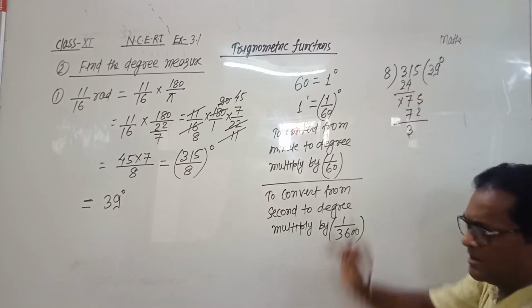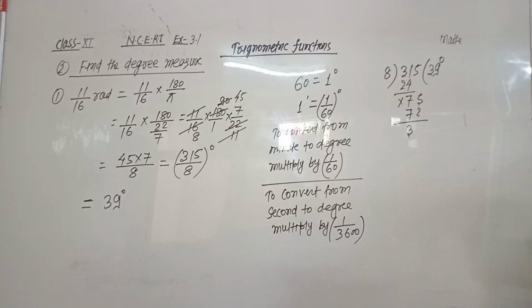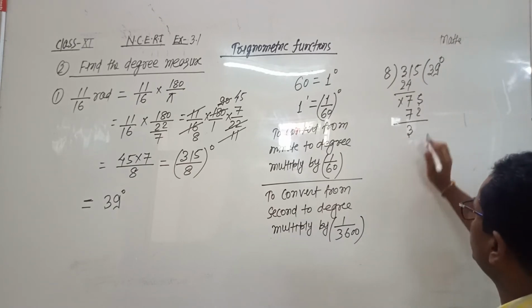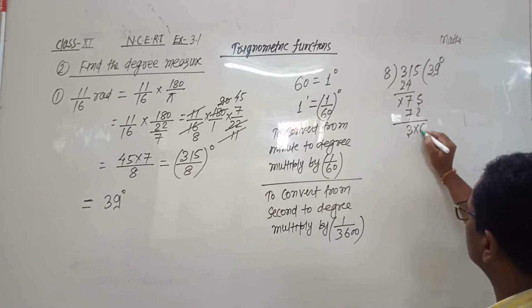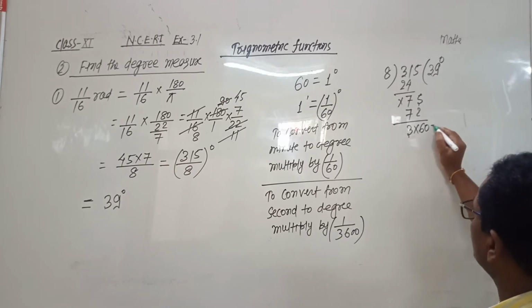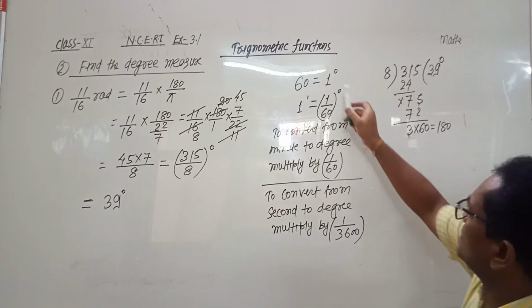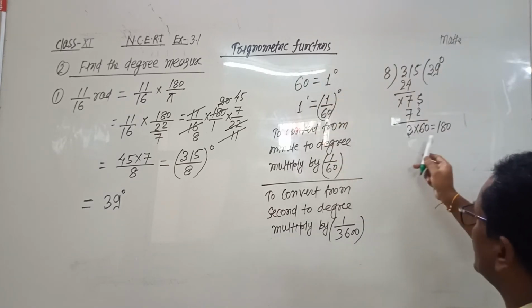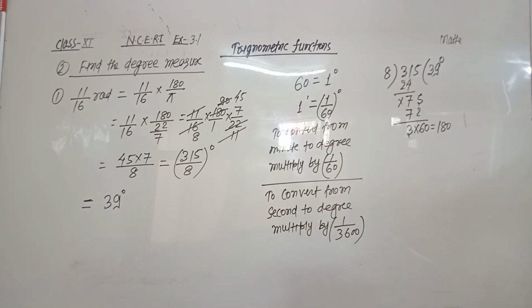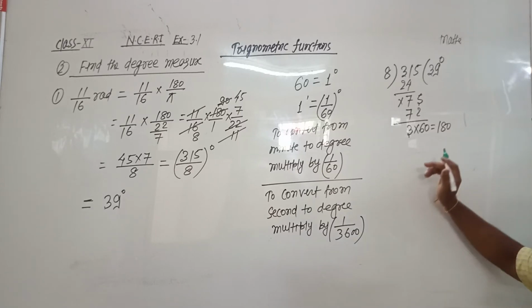And this gives the degree measure, 39 degree. Remainder 3 is also in degree. So we convert this into minute. 3 multiplied by 60, we get 180. Because 1 degree equals 60 minutes. So to convert from degree to minute, multiply by 60.